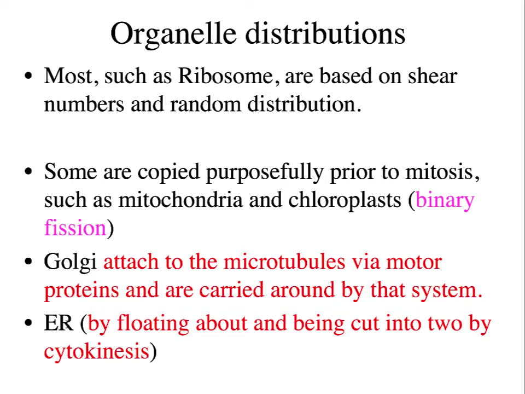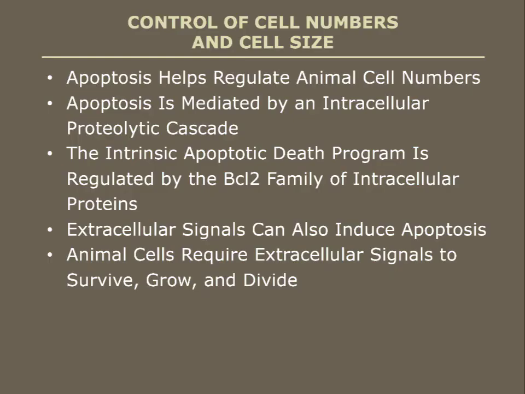And the ER, by contrast, is simply dislodged from the cytoskeleton and it floats around within the cell. Because there's so much ER, the chances of it being cut in half are increased by the cytokinesis process. So the ER is not handled in any way other than by volume. So the result is that the two daughter cells will have their own complement of organelles.